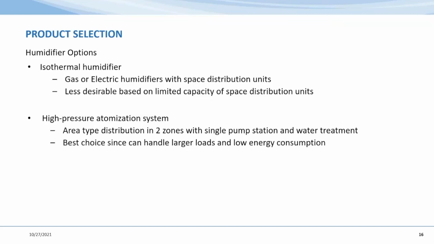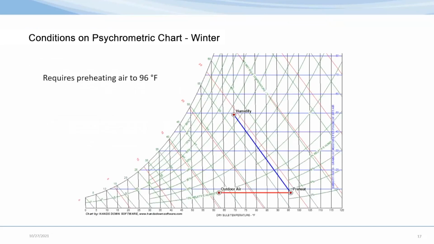potential mechanical cooling offset. So looking at the winter conditions from a psychrometric perspective, for the high pressure atomization that we believe might be the best case in this specific example, we're going to need a preheat source. We're taking that outdoor air and preheating it.